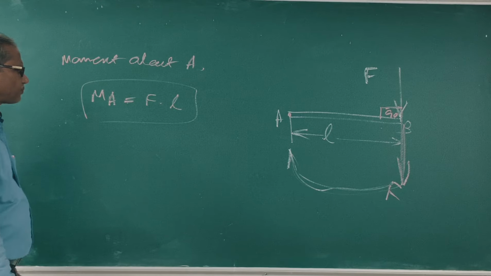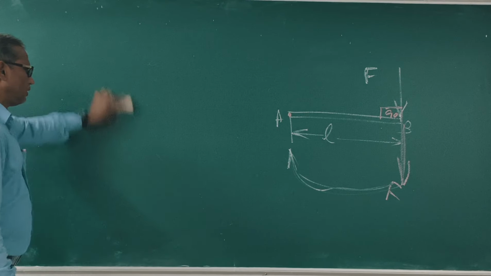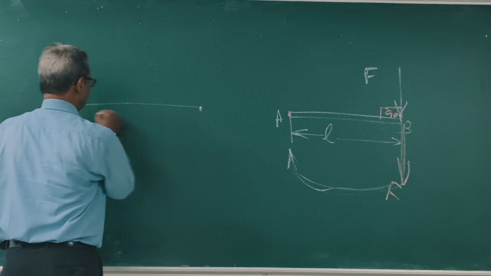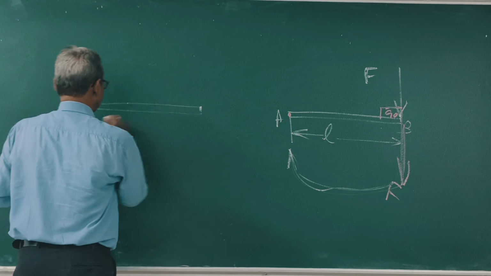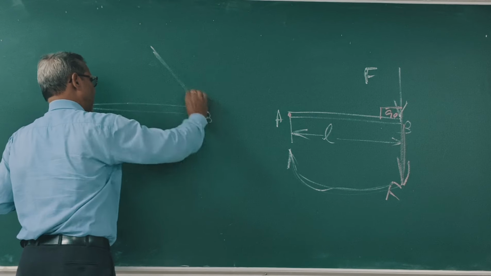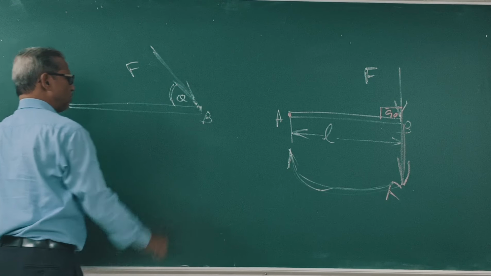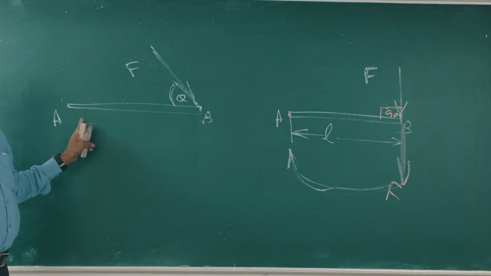Suppose the force is like this. This is point A, this is point B, this is force F. This angle is theta. What is the moment of F about A?